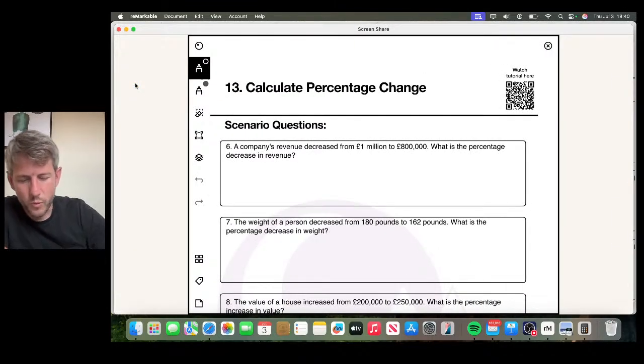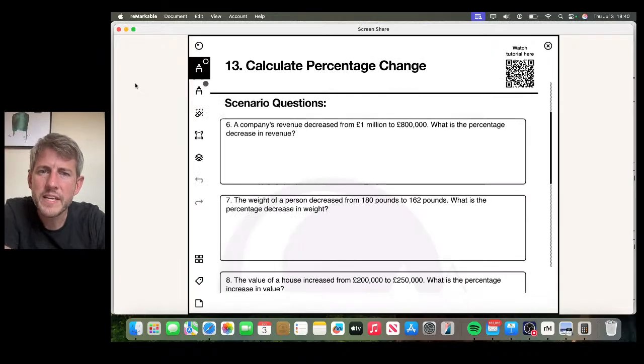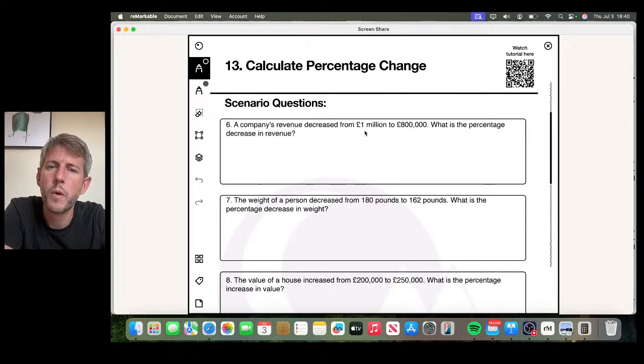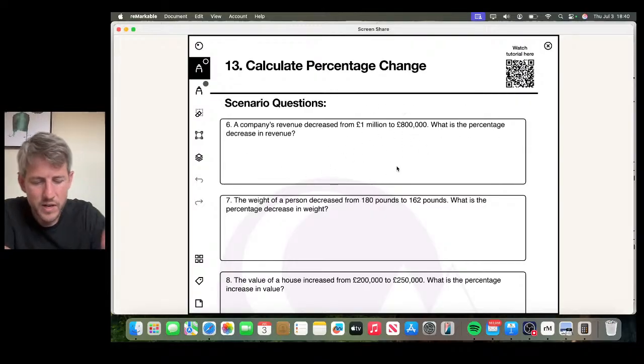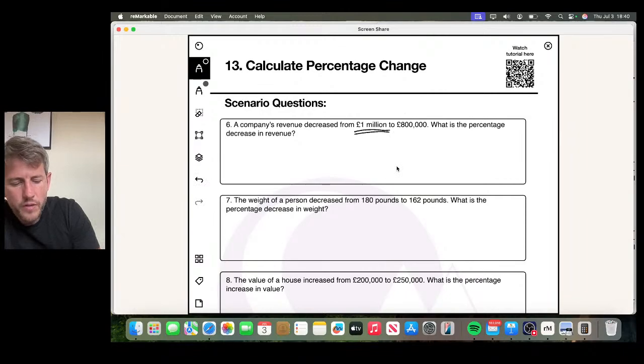So here we go. A company's revenue decreased from £1 million to £800,000. What is the percentage decrease in revenue? Okay, so this is a little bit of a tricky one. It requires you to know that £1 million is 1 and 6 zeros.